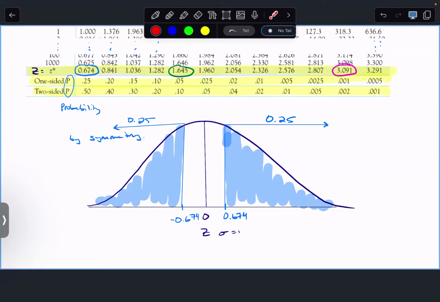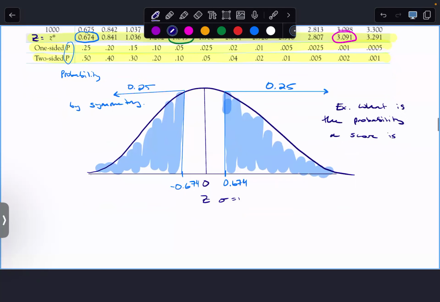But how can we use this? For example, what is the probability a score is within plus or minus 0.674 standard deviations?